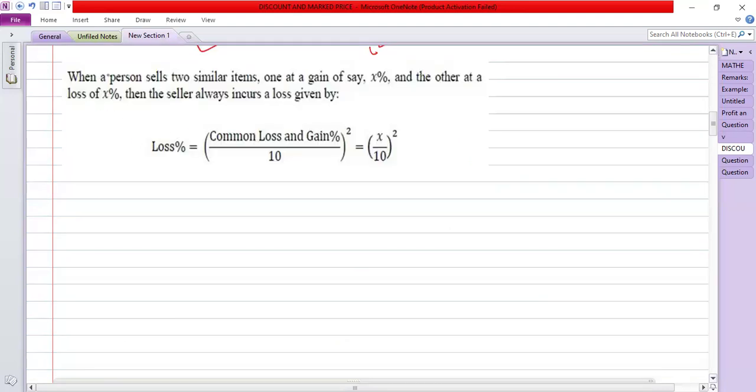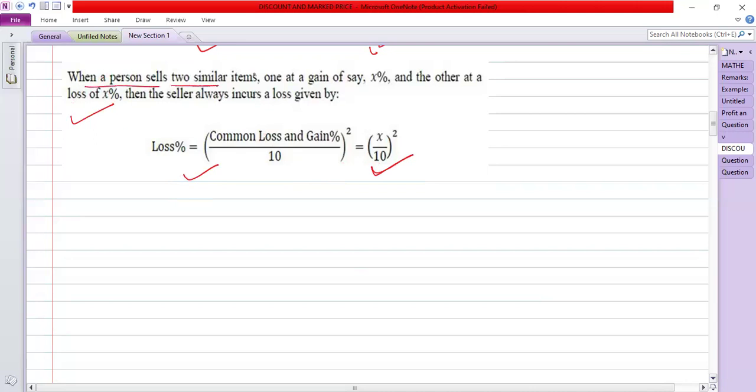Here we have a very commonly asked formula, a formula based upon which some common questions are asked.